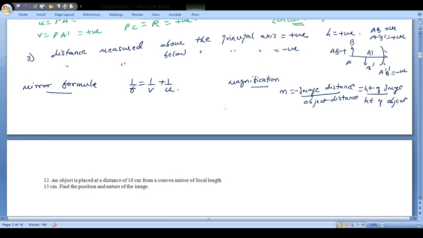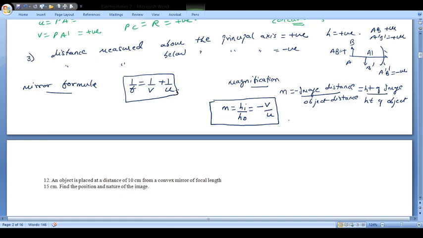So magnification, that is height of image upon height of object, is given by minus v upon u. You can remember this formula. These formulas you don't have to derive, but you can always remember them.